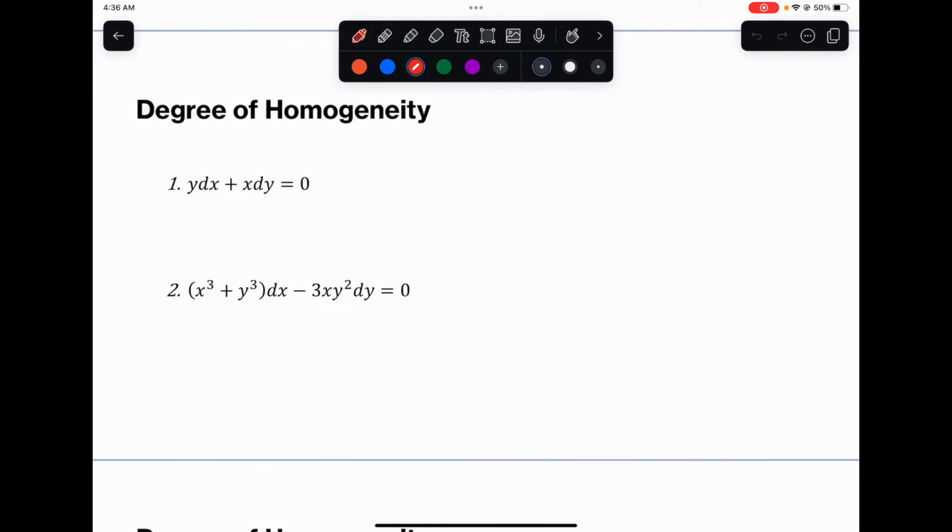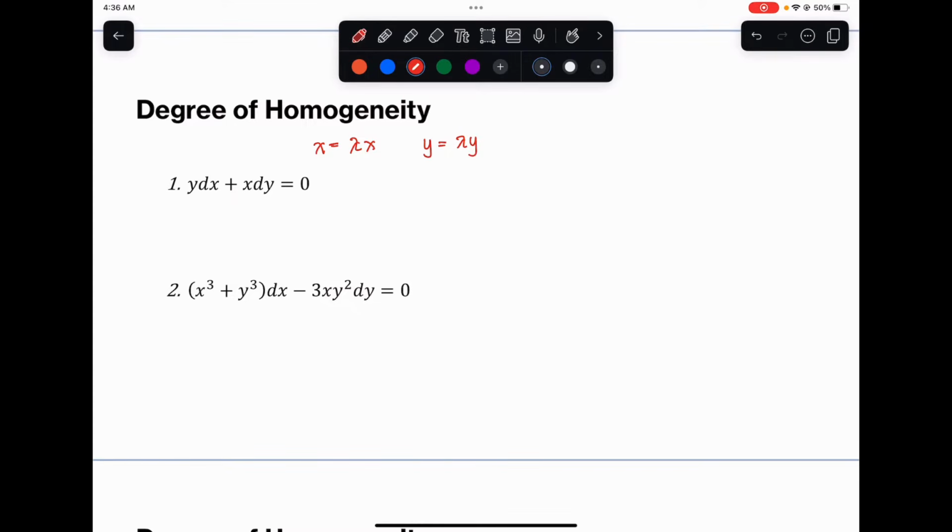For the meantime, in identifying the degree of homogeneity, we have to take note that we need to substitute x to lambda x and y to lambda y.